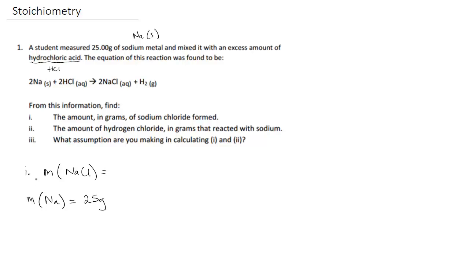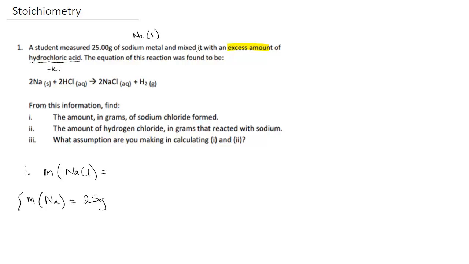And we are told that there is an excess amount of HCl. When there's an excess amount, all that means is that the HCl is there to ensure that all of the sodium gets converted into sodium chloride and hydrogen. So there shouldn't be any sodium left over.